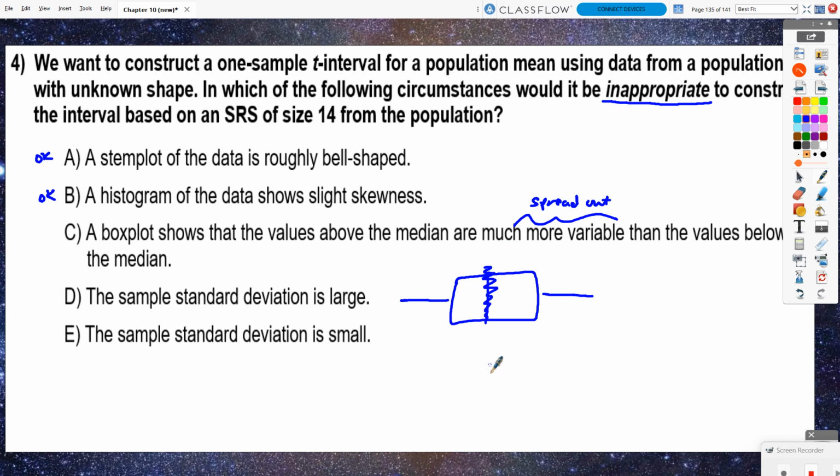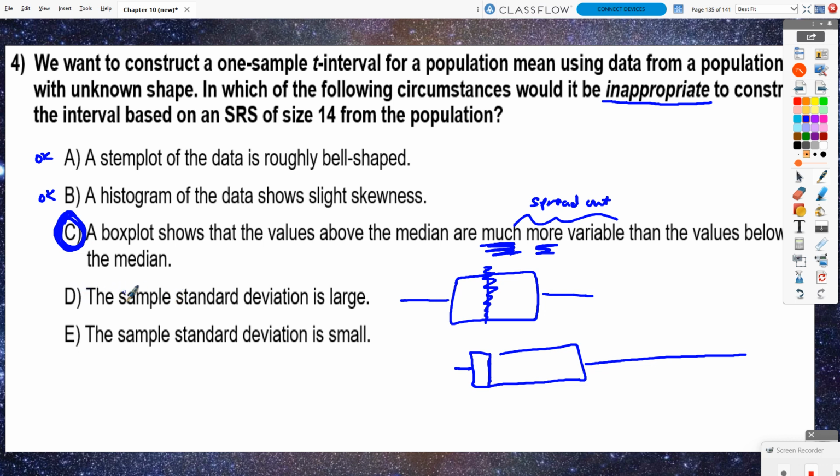So if we went to the median and then really spread out the values above, while below the median they're not nearly as spread out, that means there's a lot of skewness. So this would not be appropriate. Basically, they're using a very awkwardly worded statement to describe strongly skewed.